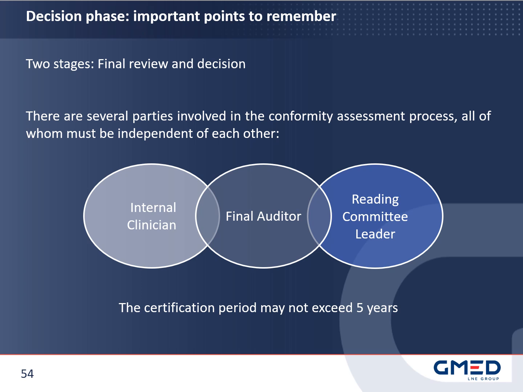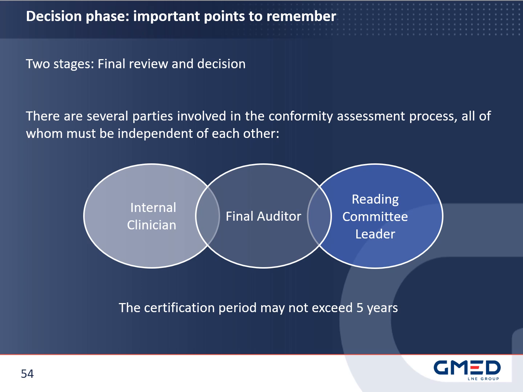We've come to the end of this fourth presentation module dedicated to the decision phase. Important information to remember in connection with this fourth stage of the certification process under Regulation EU 2017/745 is as follows. The decision phase is made up of two stages, final review and decision making.